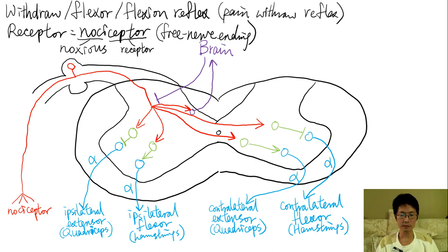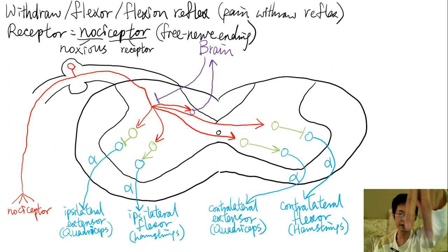In here, the opposite thing happened. It will actually inhibit the flexor hamstring. In other words, you have a totally opposite reaction in your contralateral leg. What does it mean? Look at this again.